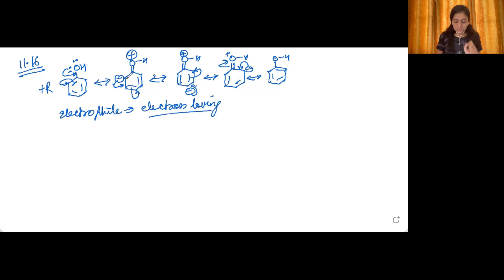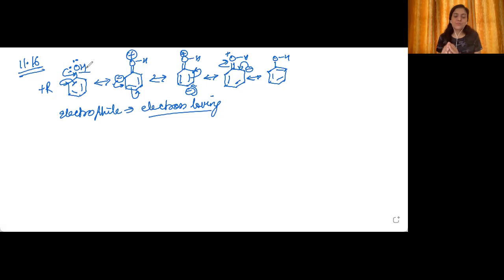Now, when this electron density is increasing, it will make it easier for the electrophile to attack on the benzene ring. That is why the OH group increases the reactivity of the benzene ring towards further electrophilic substitution reactions.